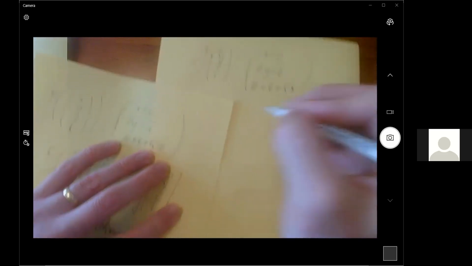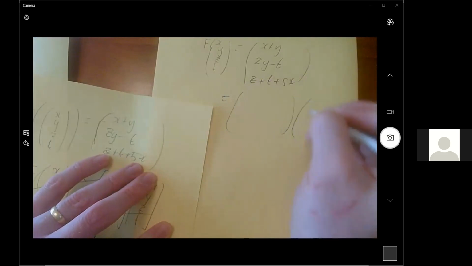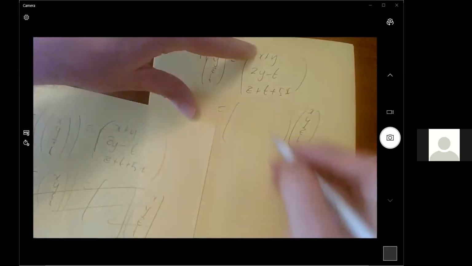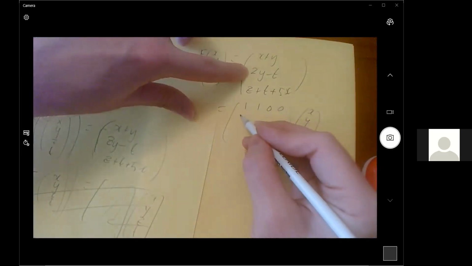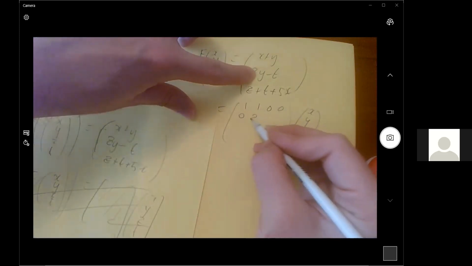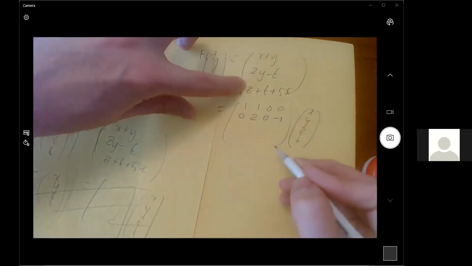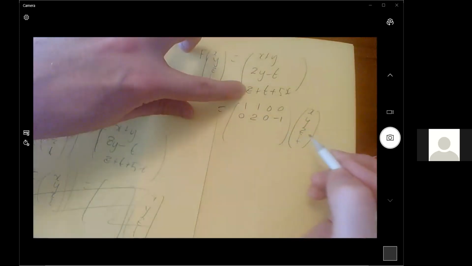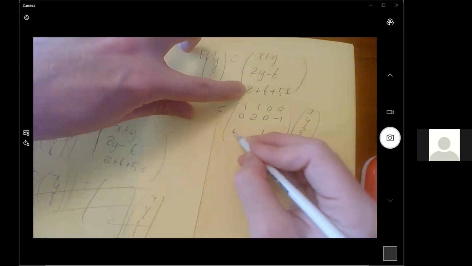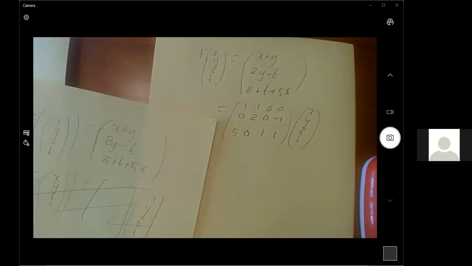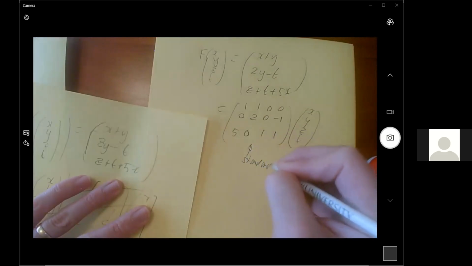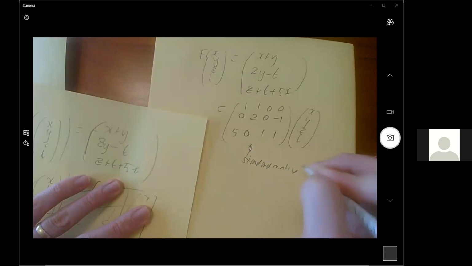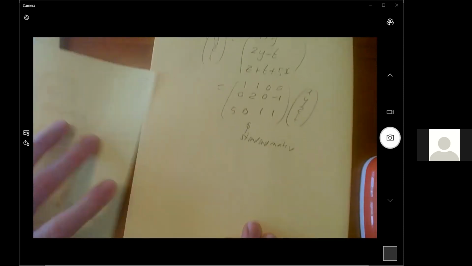That's great. And I would like to rewrite it as matrix times the original vector. I can totally do this. This will be 1x and 1y and no z's and no t's, and 0 x's and 2 y's and no z's and minus 1 t's, and 1 z and 1 t and 5 x's and no y's. Ta-da, done. That's the standard matrix.